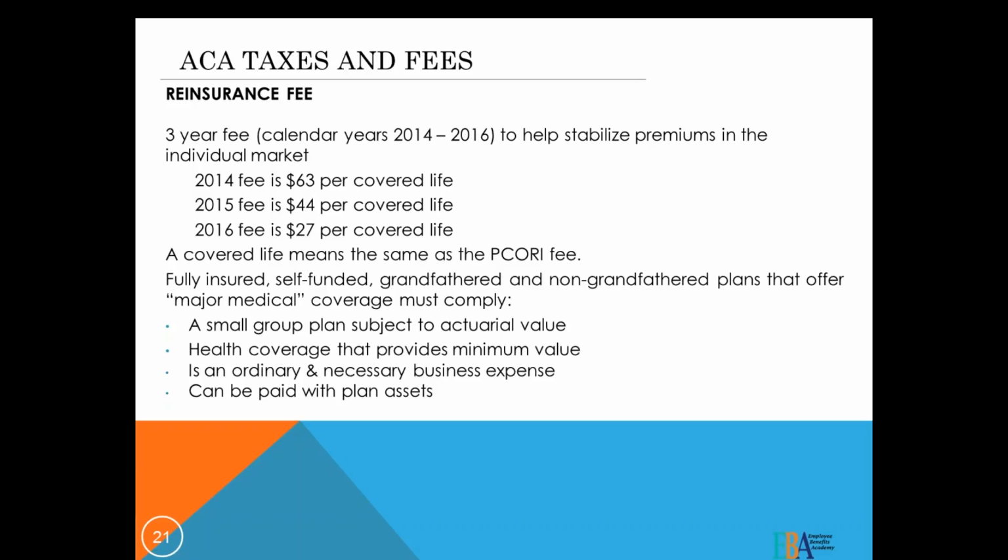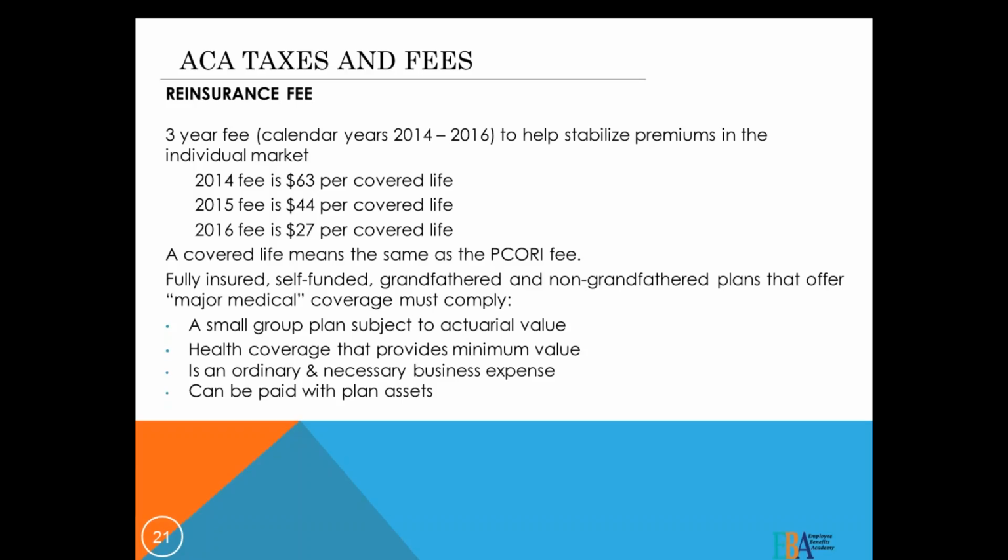Let me define a covered life for you. It's anyone who is covered by the plan, including dependents. This matches the PCORI fee in that definition. All size fully insured, self-insured, grandfathered, and non-grandfathered plans that offer major medical coverage must pay this fee. Major medical coverage is coverage that provides a minimum value of at least 60%. Small employer plans use an actuarial value, which is similar but not exactly the same.